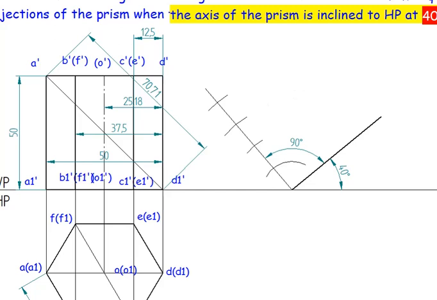So going for an arc, from this point I'll cut a radius equal to 70.71. So we have just taken it from D1 dash. Now I'll take the distance from D dash to A dash, which is equal to 50. Go for an arc by center. From here I'll cut a radius 50. So we got this.